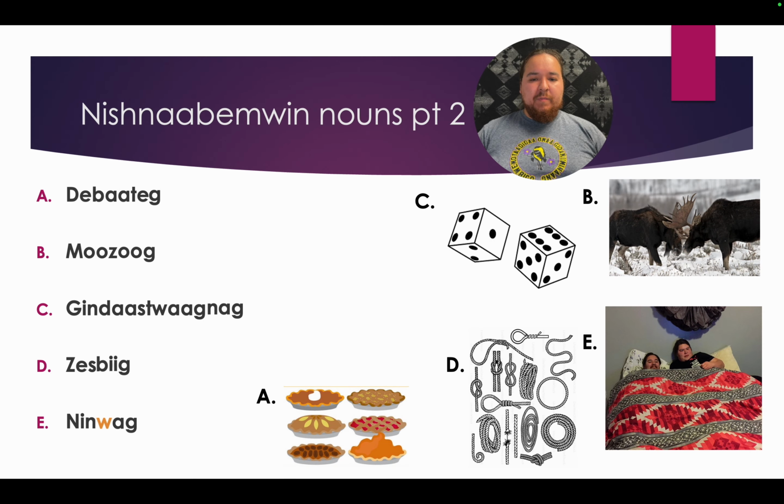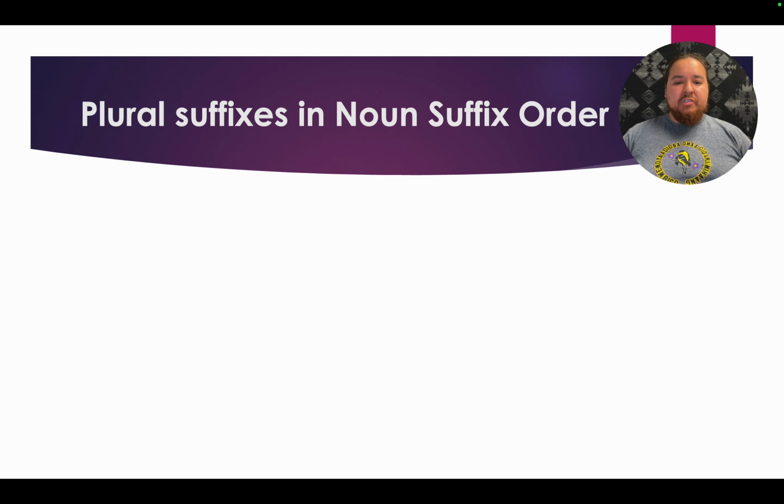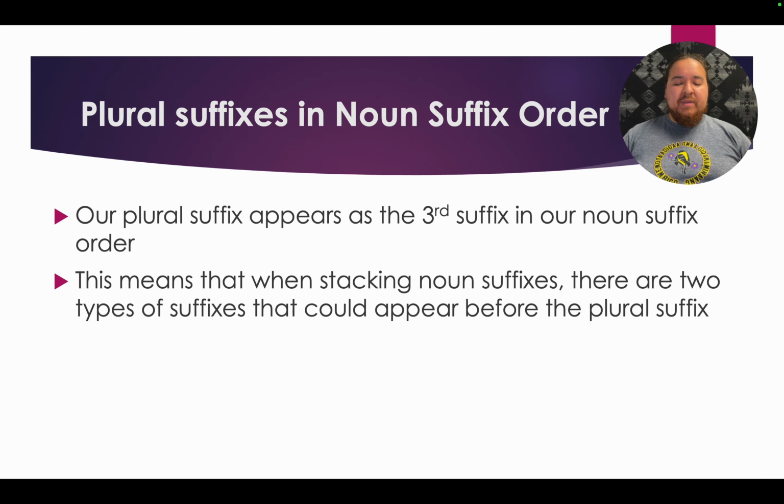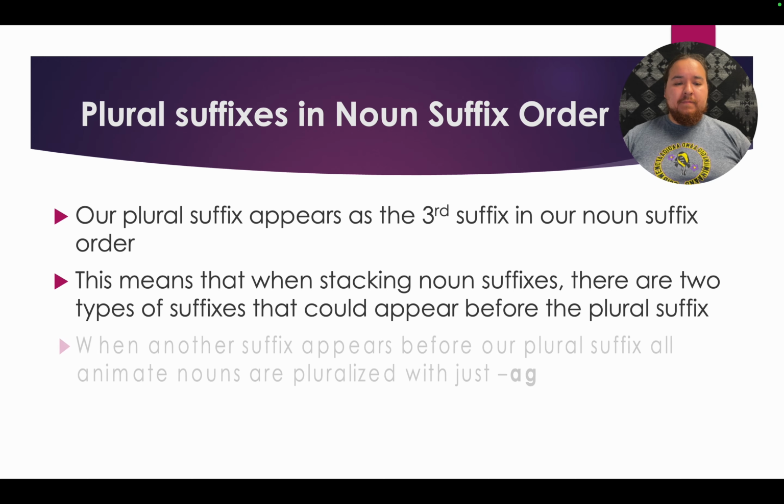All right, so we'll pause here to let you write down these plural words. All right, let's move on. So plural suffix in noun suffix order. Our plural suffix appears as our third suffix in our noun suffix order. This means that when stacking noun suffixes or compounding them, there are two types of suffixes that could appear before our plural suffix.